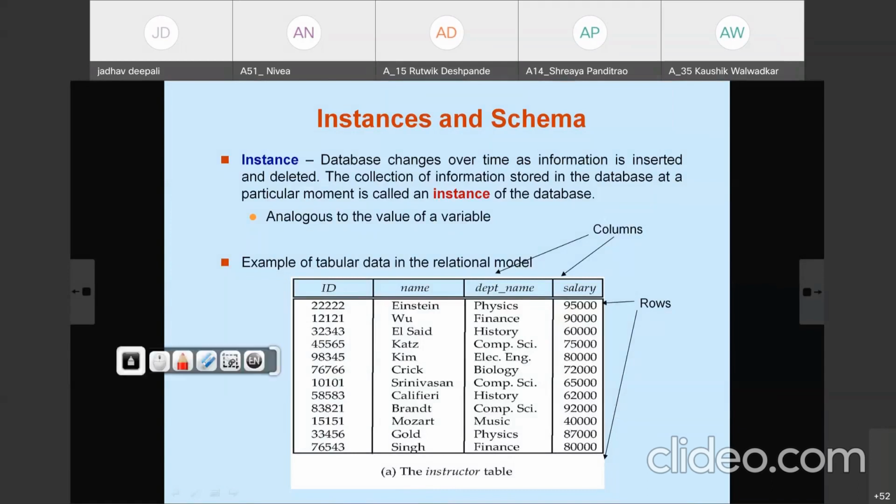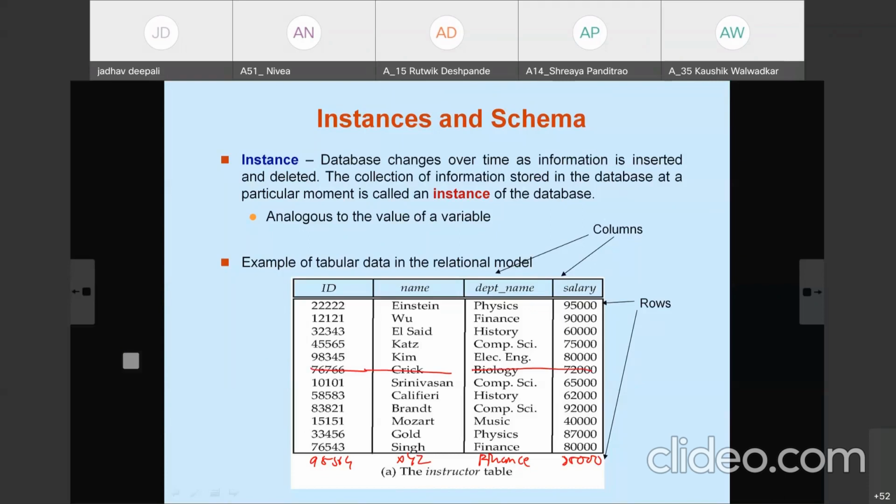When a new instructor is added here, a value such as 95564, some instructor, department finance, with some salary, needs to be inserted into the table. Suppose someone leaves the university, suppose this instructor left the university, we need to remove it from the database. So the database changes over time as information is inserted and deleted.